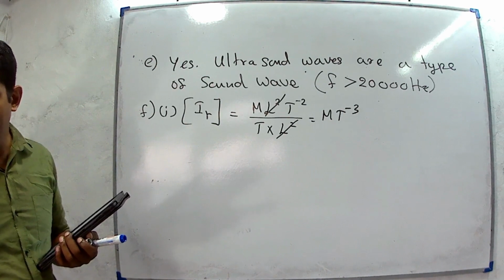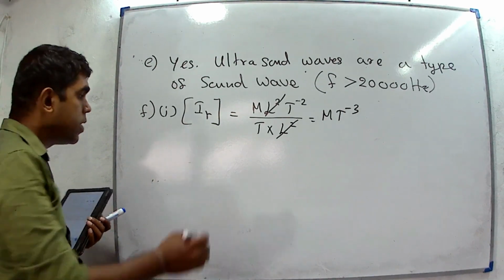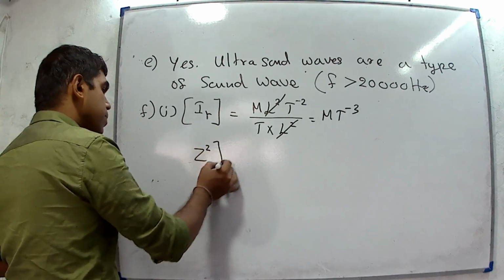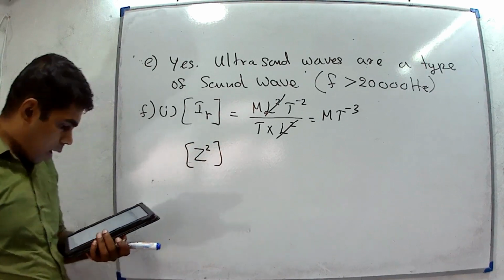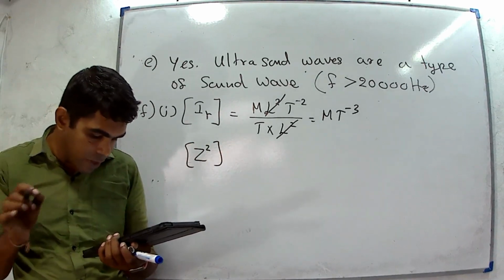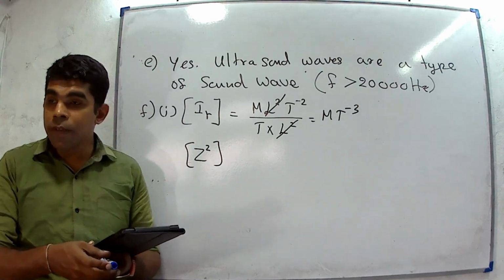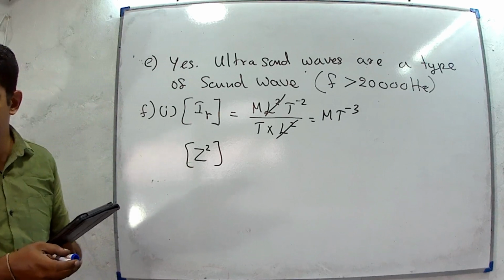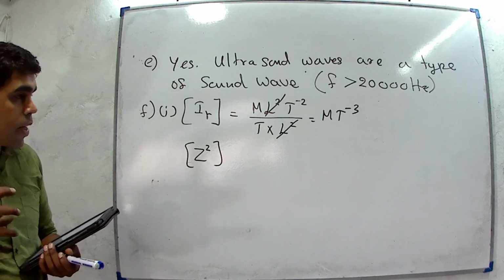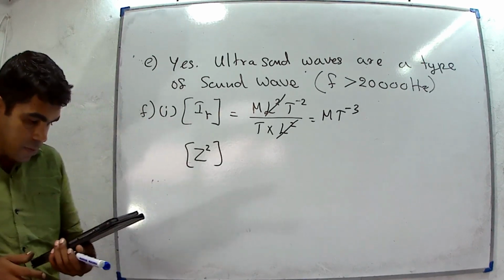Then we can write the dimension of Z squared. Now in the relationship there is a difference between Z values. Dimension of difference is also equal to the dimension of one Z quantity.